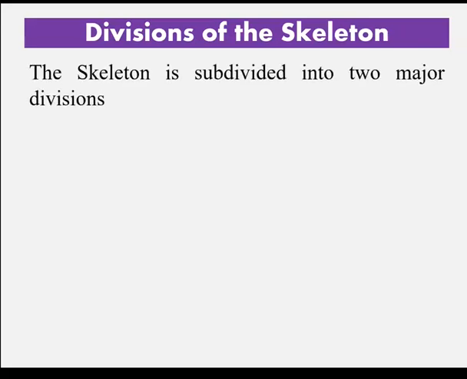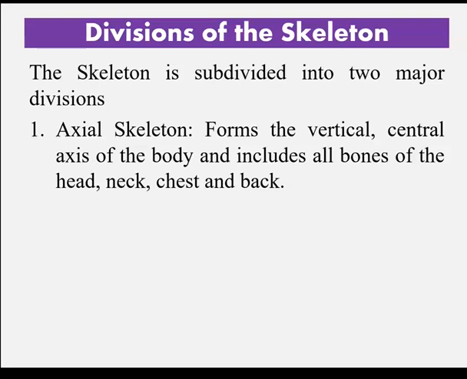So division of skeleton. The skeleton is subdivided into two major divisions. First is axial skeleton, which forms the vertical central axis of the body and includes all bones of the head, neck, chest and back.